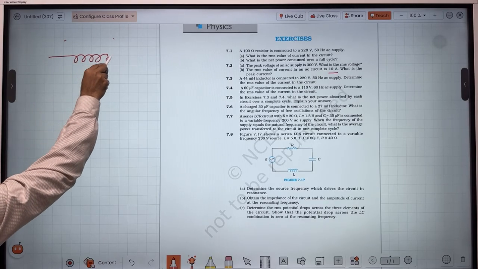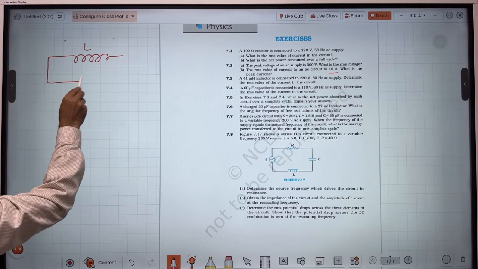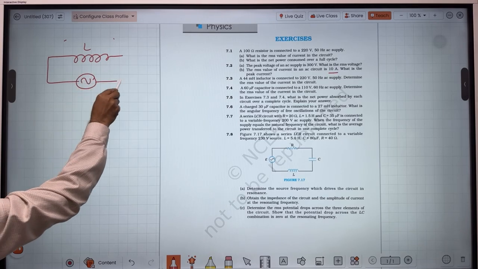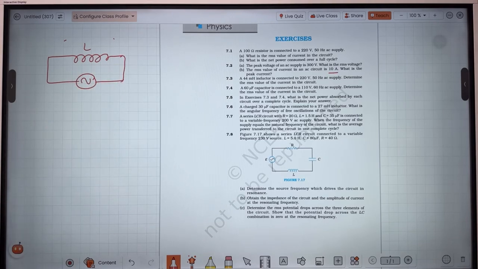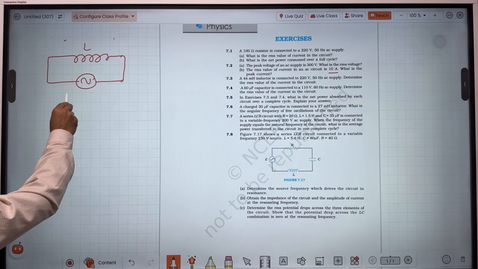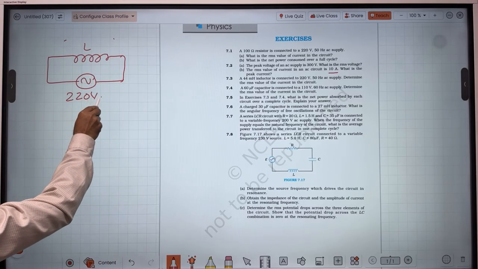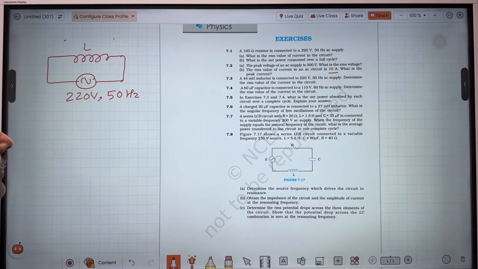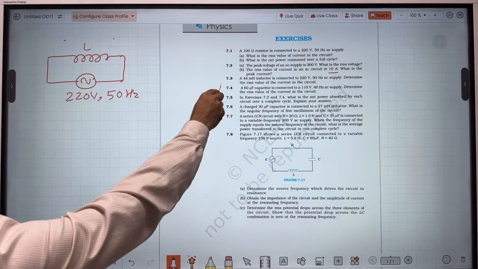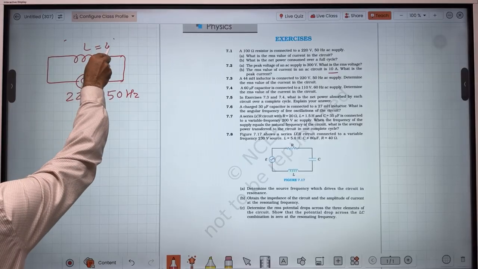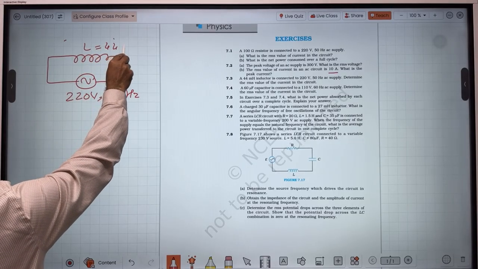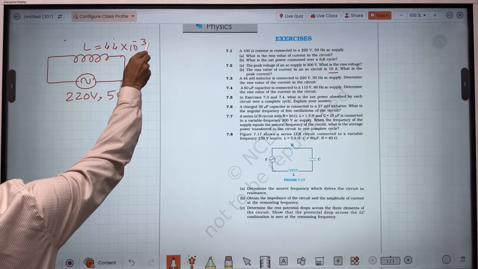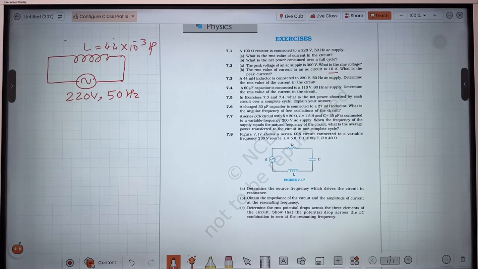This is an inductor L, and there is an AC circuit. Here values are 220 volt 50 hertz, and L is 44 millihenry. Milli means 10 power minus 3 Henry, right? And we have to find out the RMS value of current.